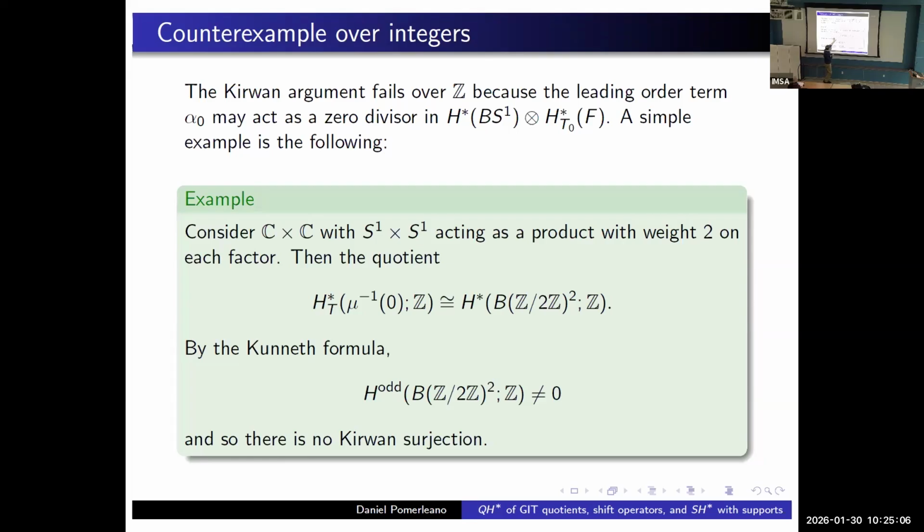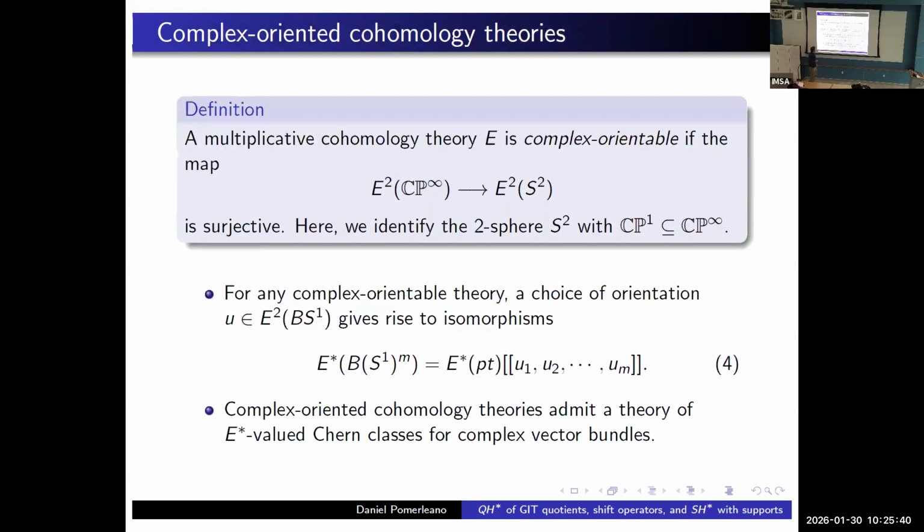If you double the action on both sides, the equivariant cohomology of mu inverse of 0 has stabilizers Z2 times Z2, so it just gives you the cohomology of B(Z/2Z) squared. And by the Künneth formula, there's some odd cohomology here, so you can't have Kirwan surjectivity. That shows you that there's something going on. You can't just do the naive argument.